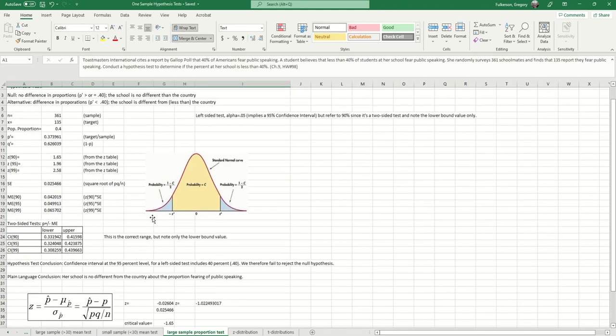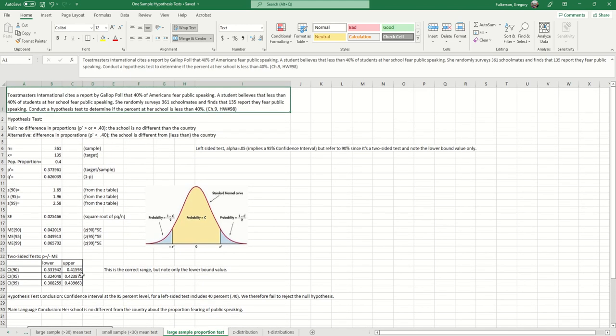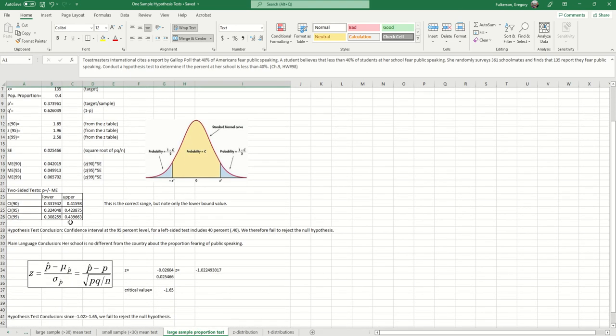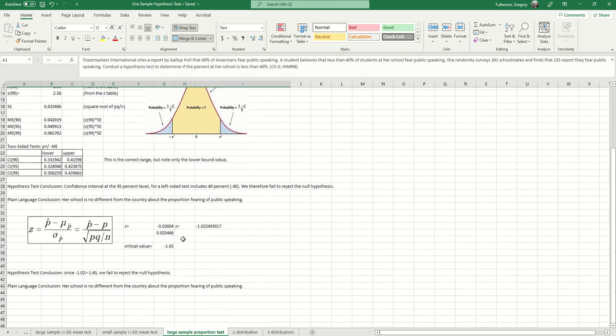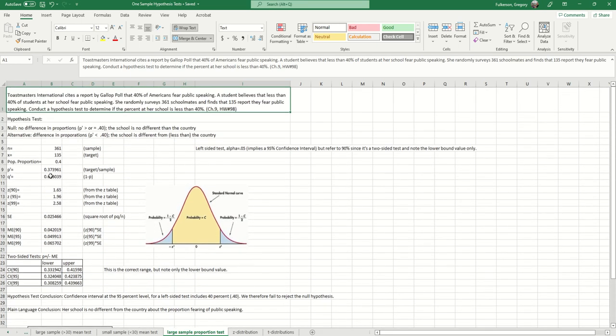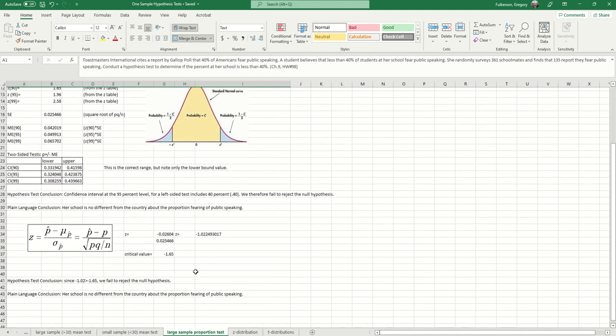This third example involves proportions. Once again, we're moving past confidence intervals down to the actual hypothesis test. And we use Z for this, and our analysis of proportions is going to be limited to large samples. It gets more complex when we're dealing with small sample proportions.